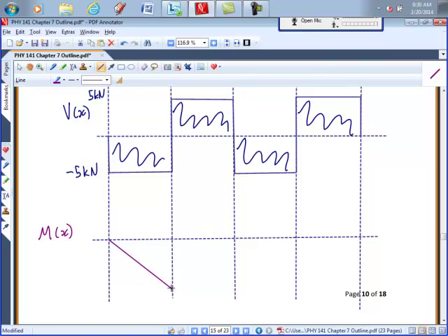Okay, so it's going to reach negative 10 kilonewton meters. And then it goes to a slope of plus 5 for another 2 meters. So by symmetry, that would bring me back to 0 again.